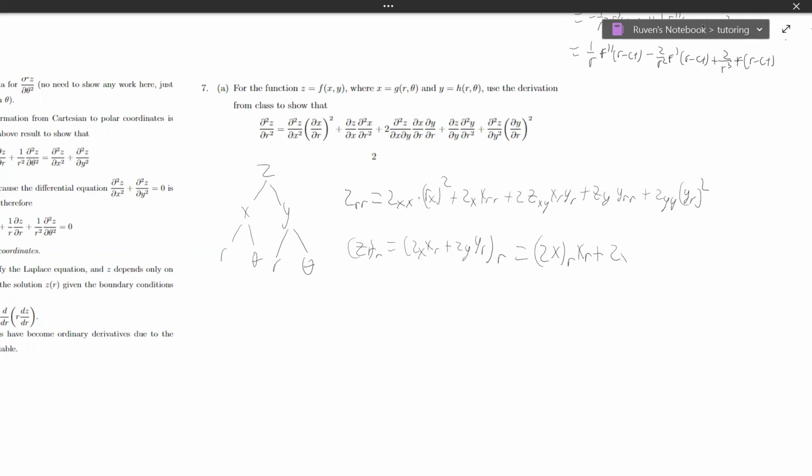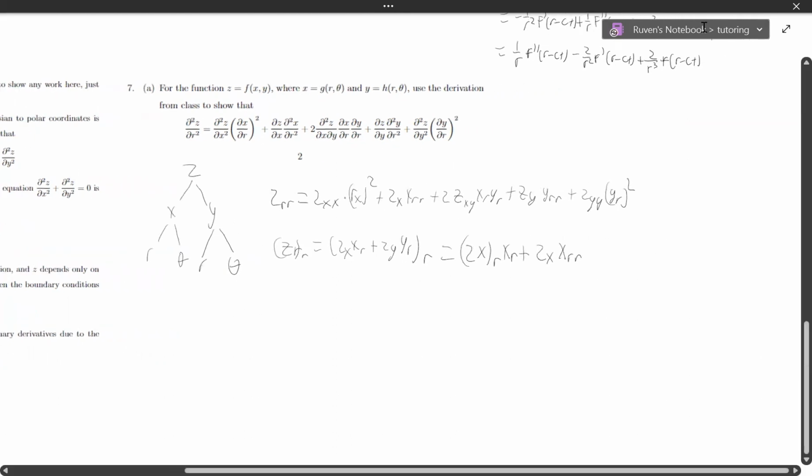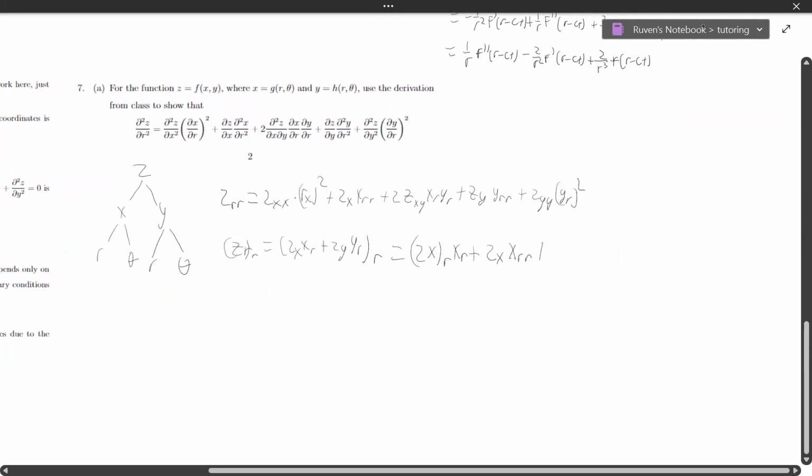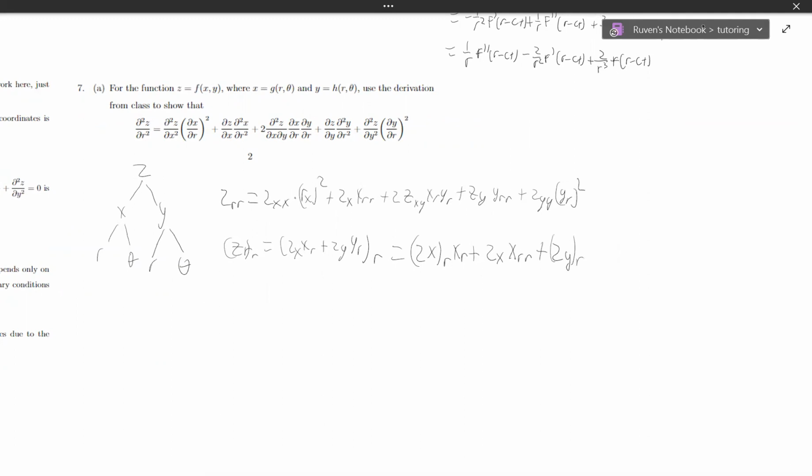Then it's going to be z_x x_rr. Again, because r here is at the same level, there's nothing special, nothing hard, plus z_yr y_r plus z_yy.